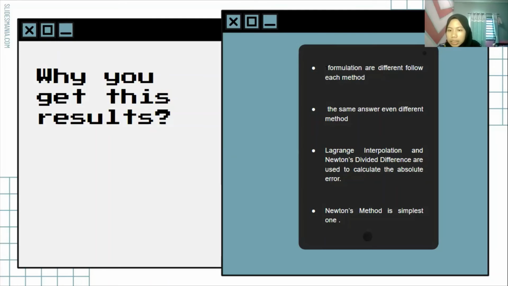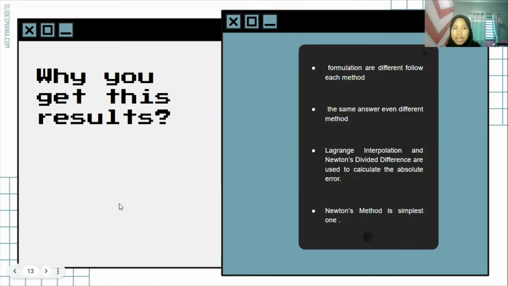For the Lagrange interpolation and Newton's divided differences method, we calculate the absolute error. Finally, Newton divided differences is the simplest method.